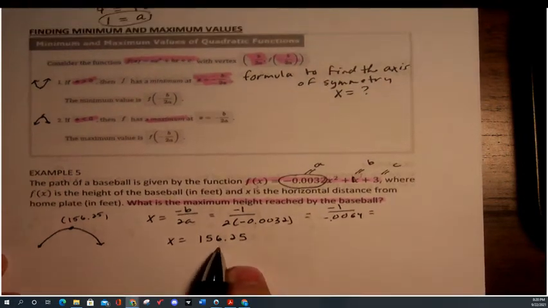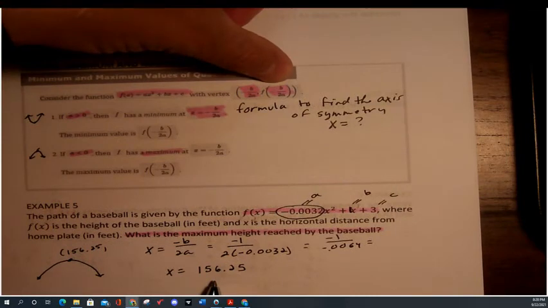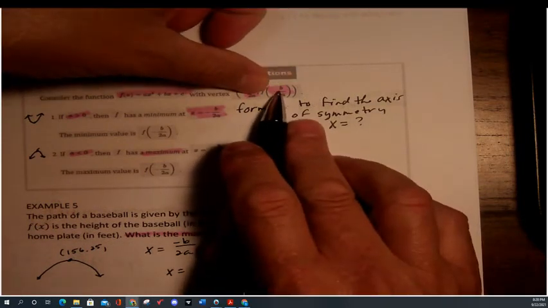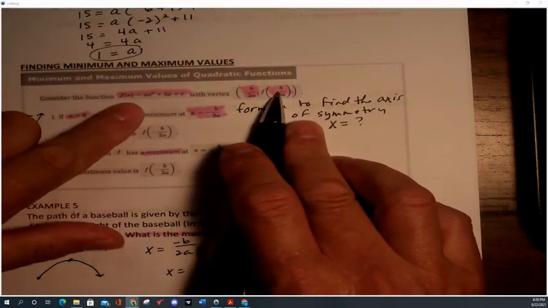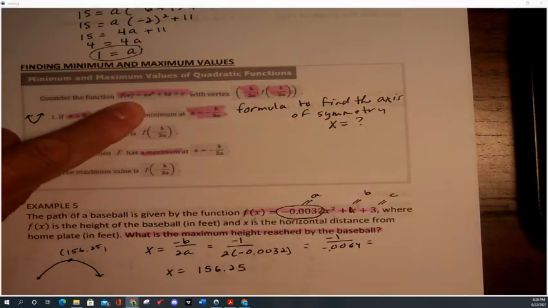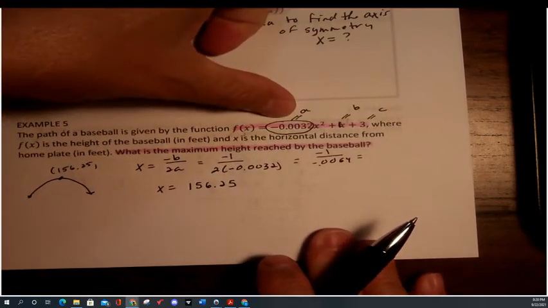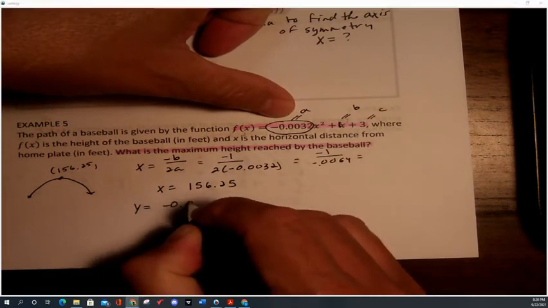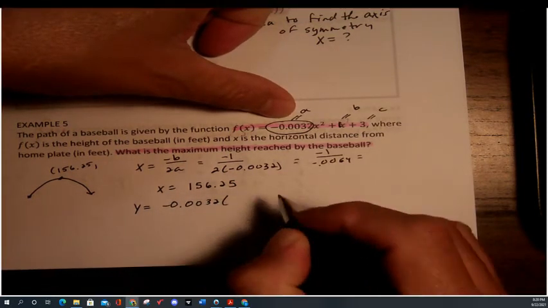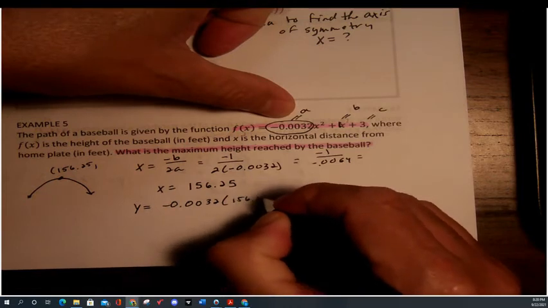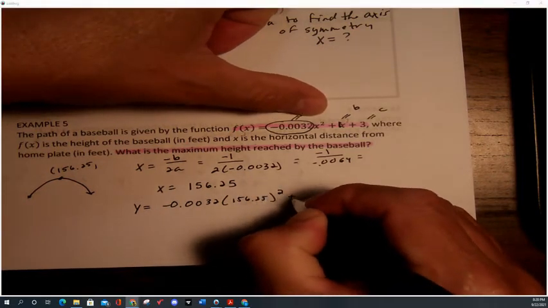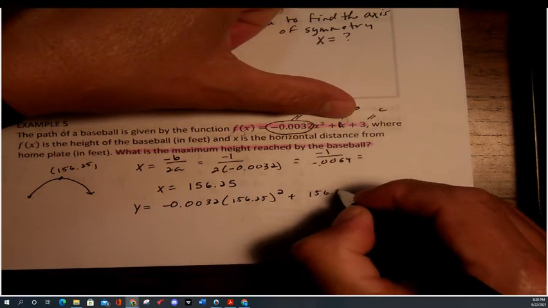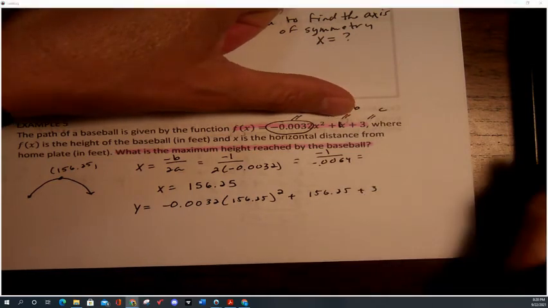Now, I'm going to do the second part here. Remember, I mentioned here that whatever value I get here gets substituted into our function in place of the x. So looking at this, I have y equals -0.0032 times 156.25 squared, plus 156.25 plus 3.